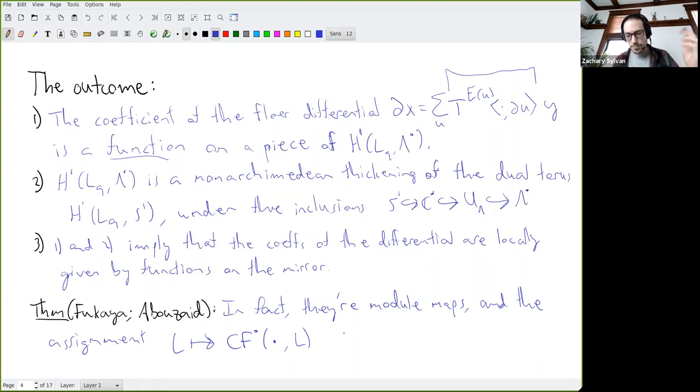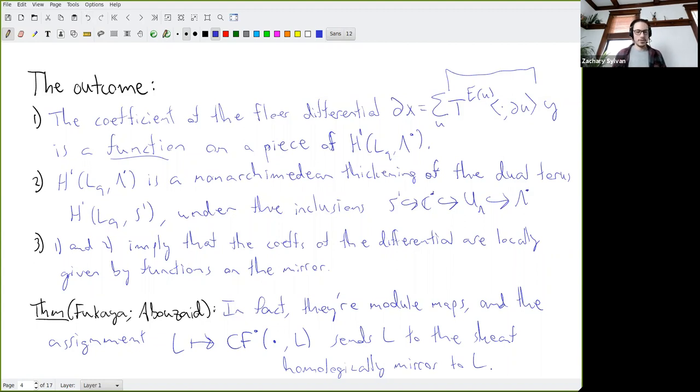We can switch it if you want. So L maps to Floer cochains, where I vary the fiber, defines, well, I'll say sends L to the sheaf homologically mirror to L.